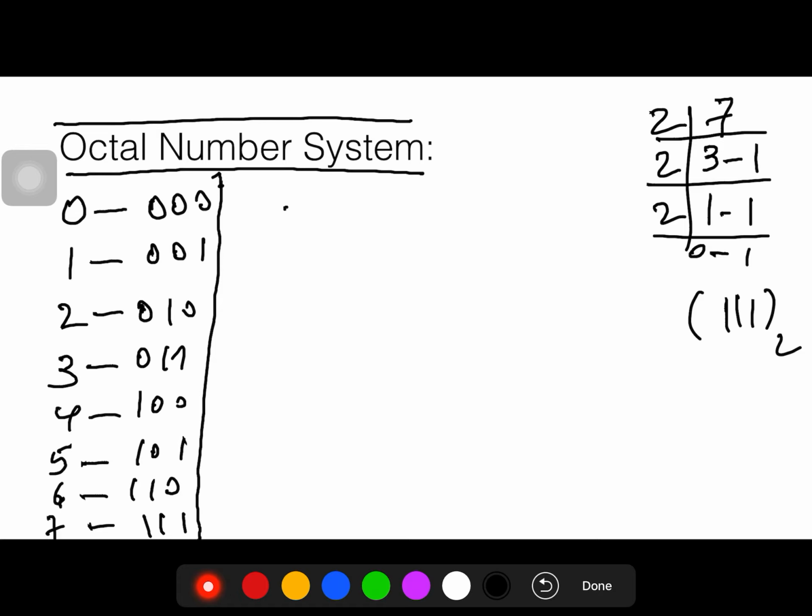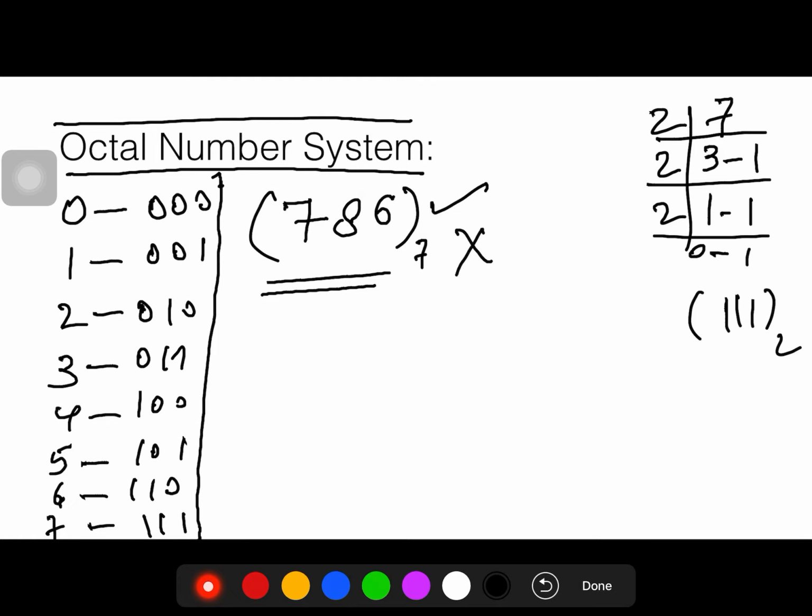Now, if given any number, 76786, is this a valid octal number or not?